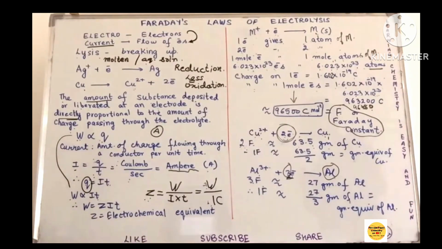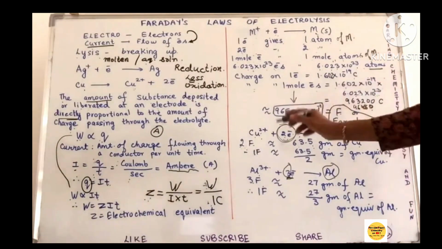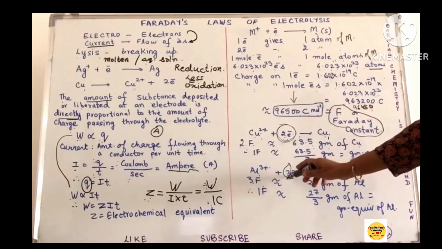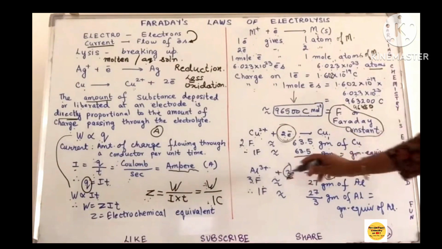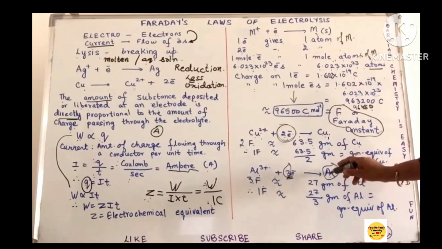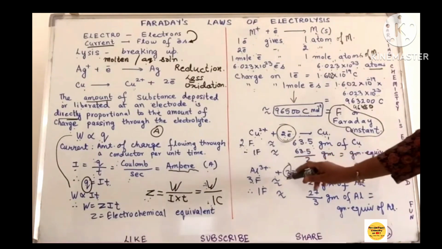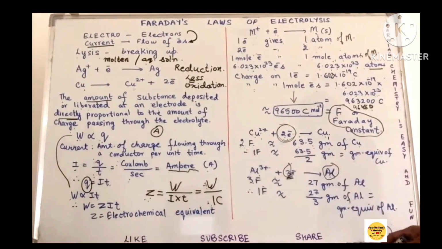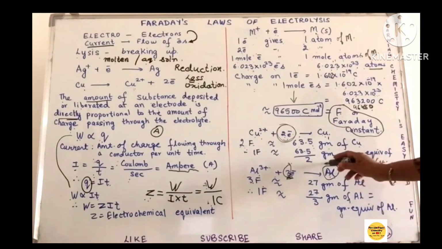So from this, it becomes very, very simple. As soon as you see the charge or the number of electrons involved in any ionic equation, that gives you the number of Faradays of charge involved in giving you that much mass of the substance.